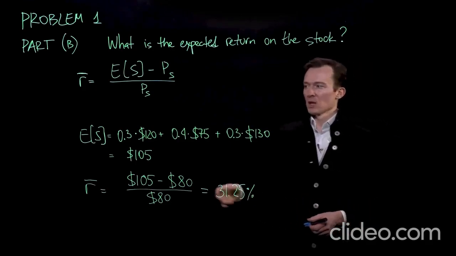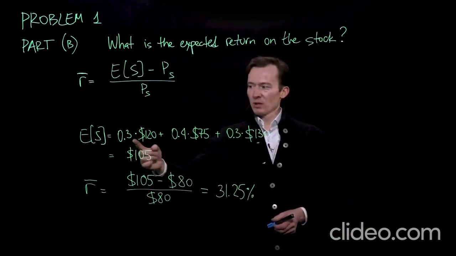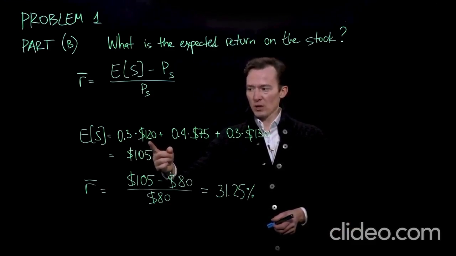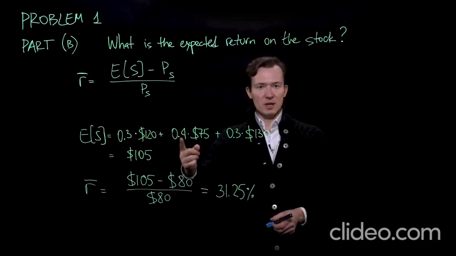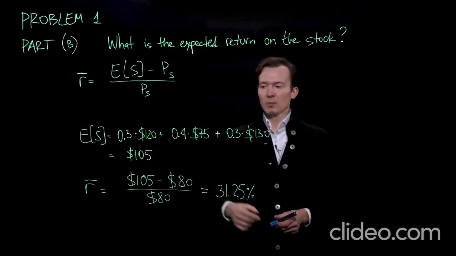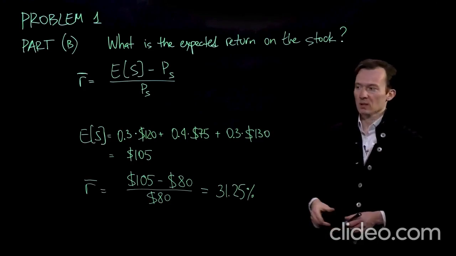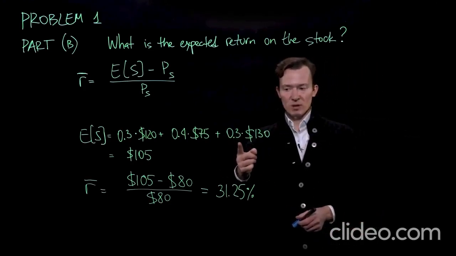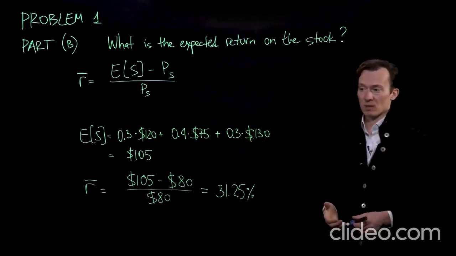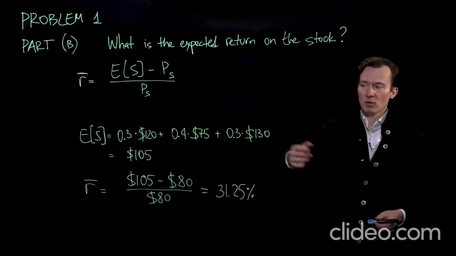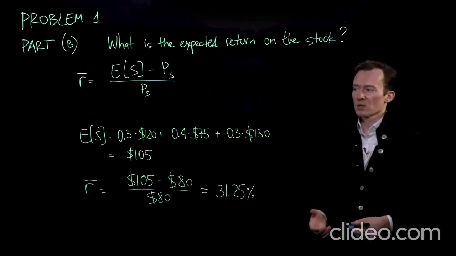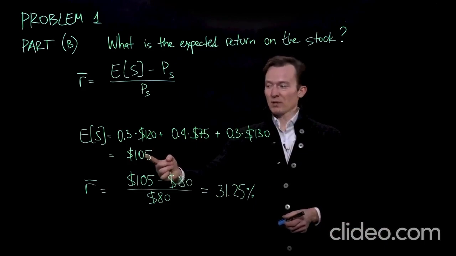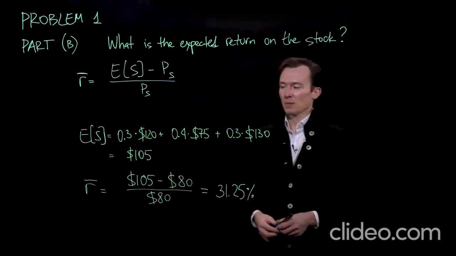It's going to be the probability of the first state, 0.3, times the payoff that we get from the stock in the first state, $120, plus the probability of the second state, 0.4, multiplied by the payoff that we get in the second state, $75, plus the probability of the third state, which is 0.3, times the payoff that we get from the stock in this third state, $130. So this gives us $105, which is the expected payoff that we get from investing into the stock.